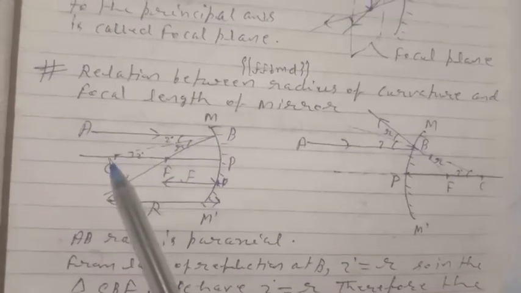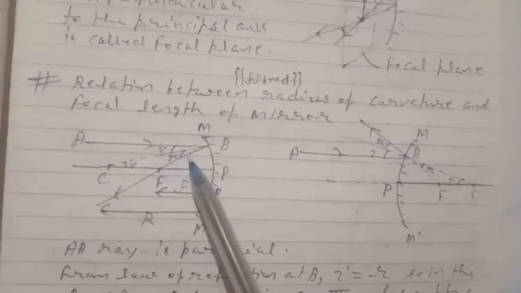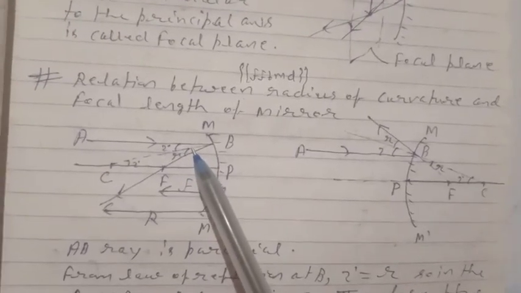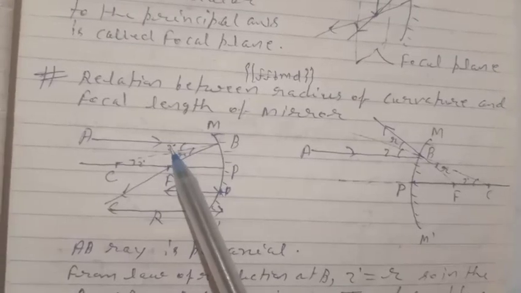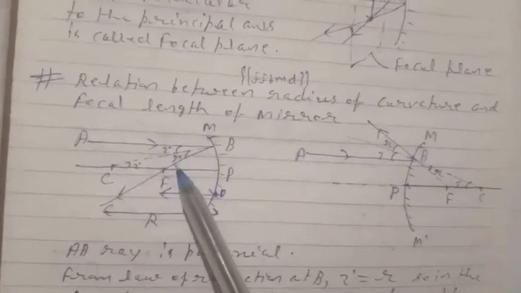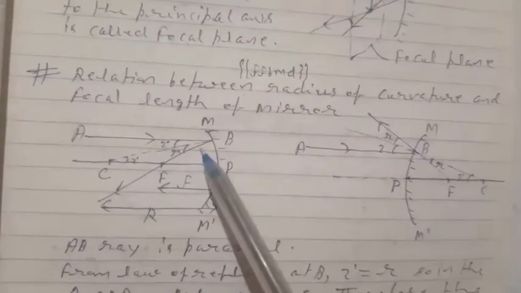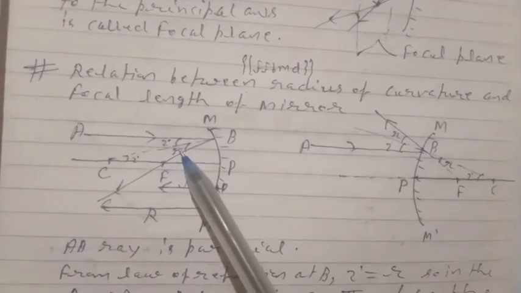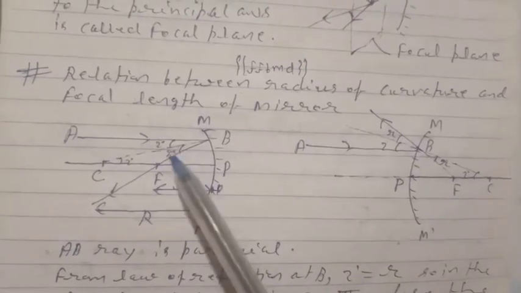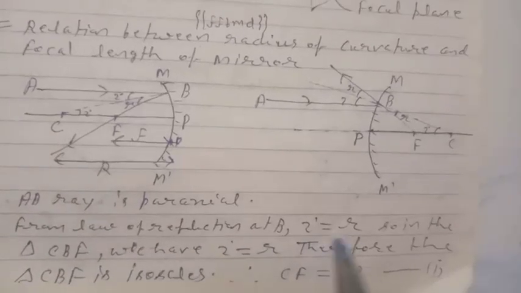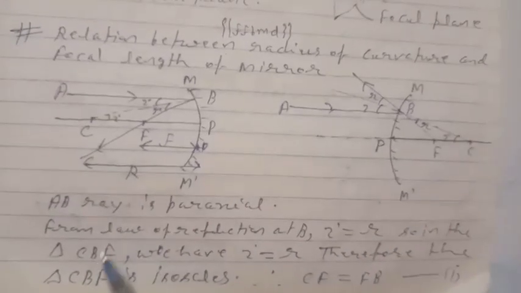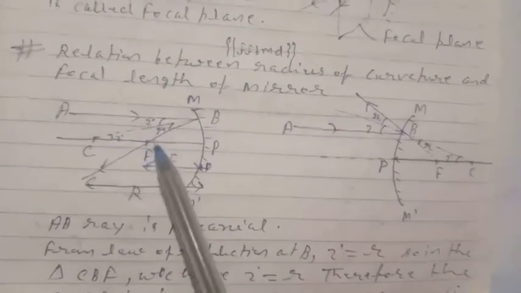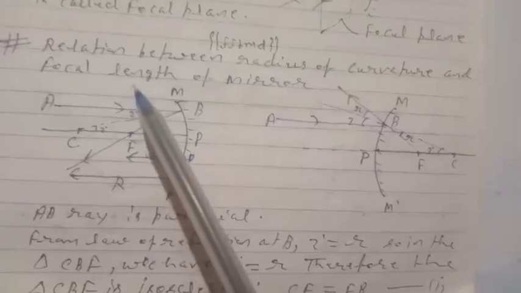The angle made by the incident ray to the normal is the angle of incidence, and since this is the reflected ray, this angle will be the angle of reflection. By the law of reflection, I must be equal to R. So in triangle CBF, we have I equals R.